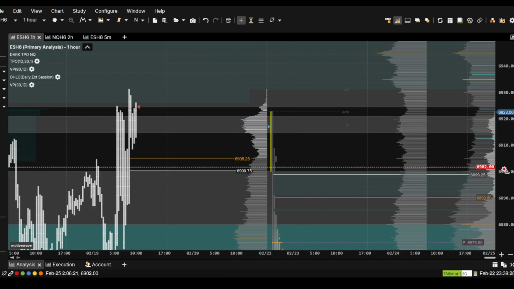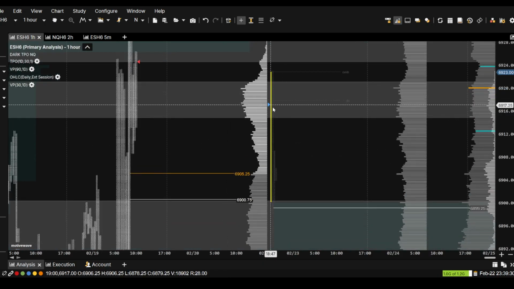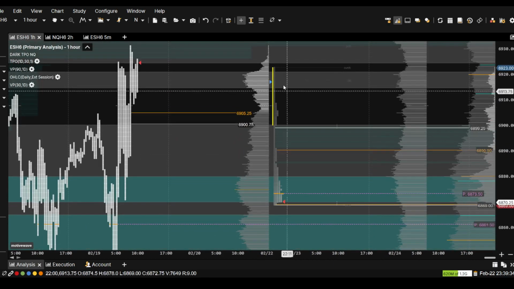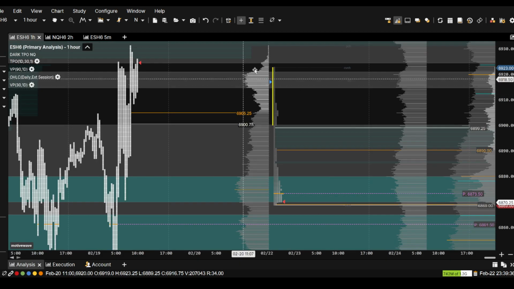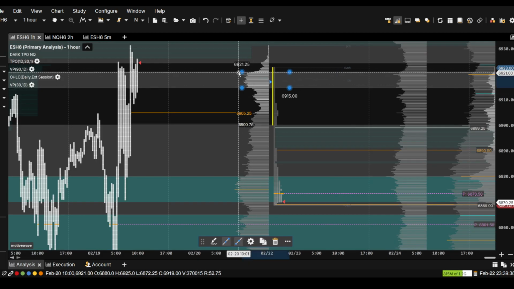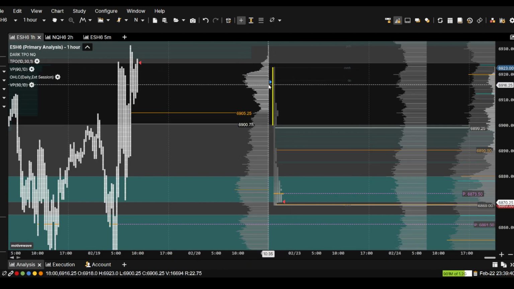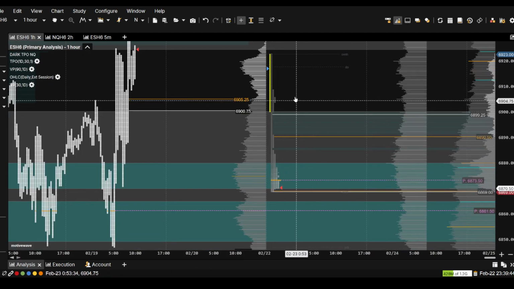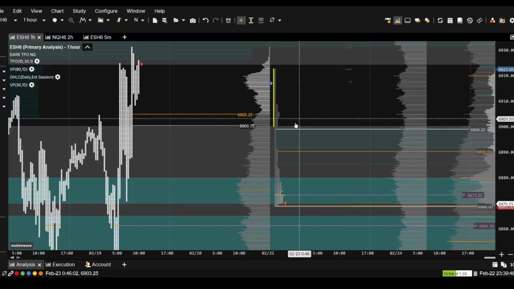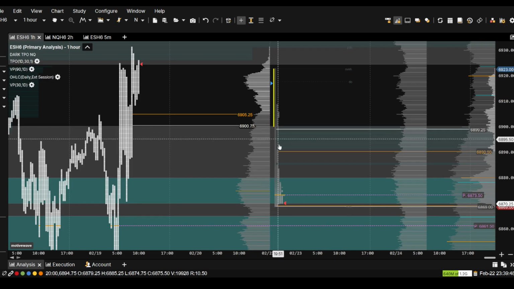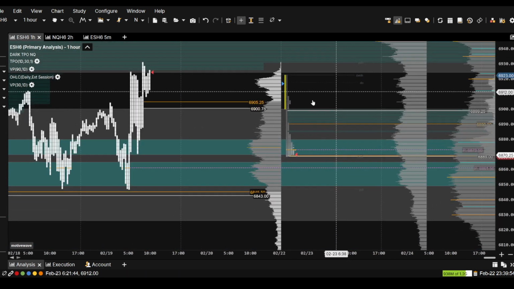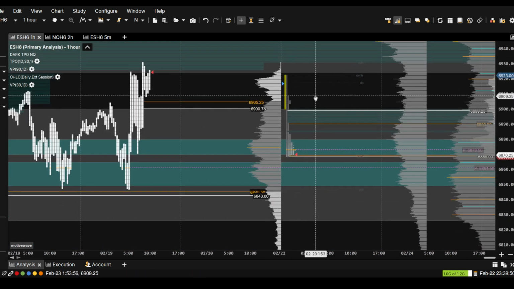We could see we opened below the POC of this high volume node area of the volume profile. We opened below and we were accepting lower prices. We could even see this huge single print, accepting lower prices below this huge high volume node.